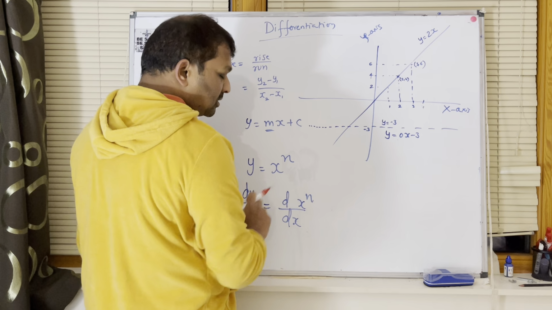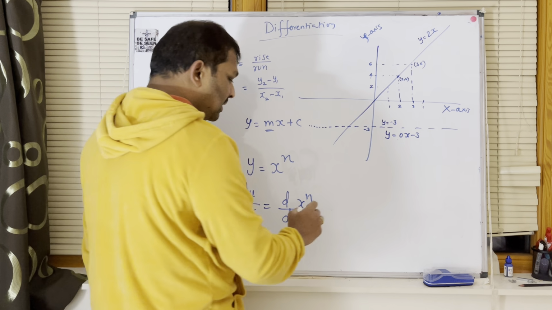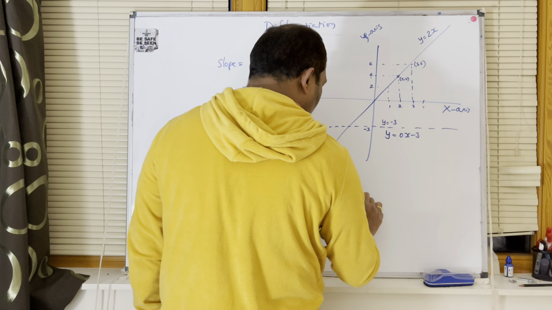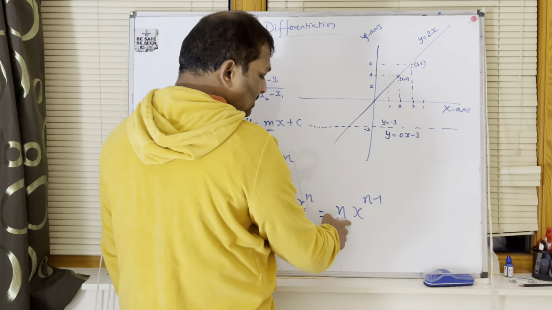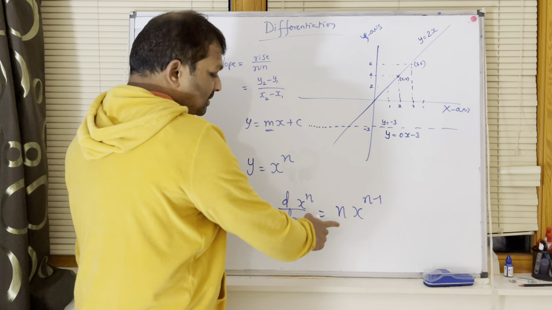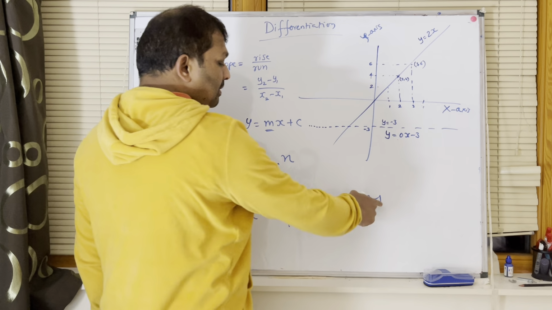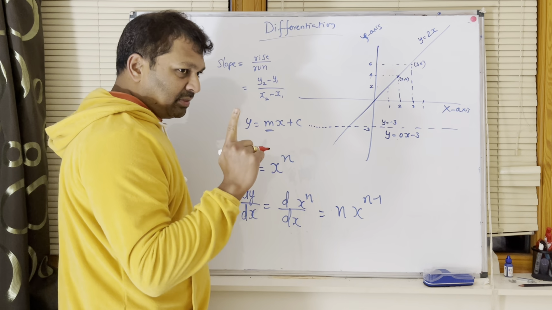The differentiation of x to the power of n is n times x to the power of n minus 1. The power comes as a coefficient, and the power is reduced by 1.